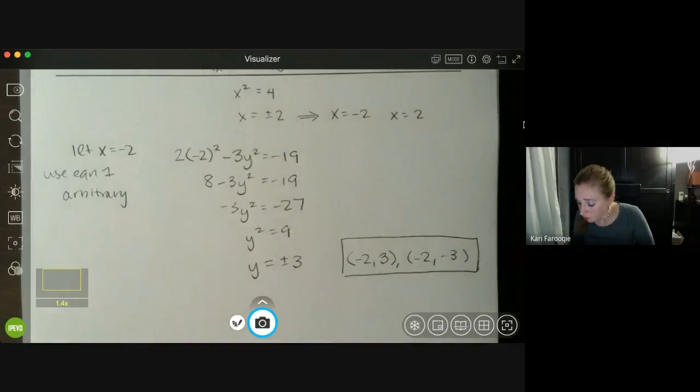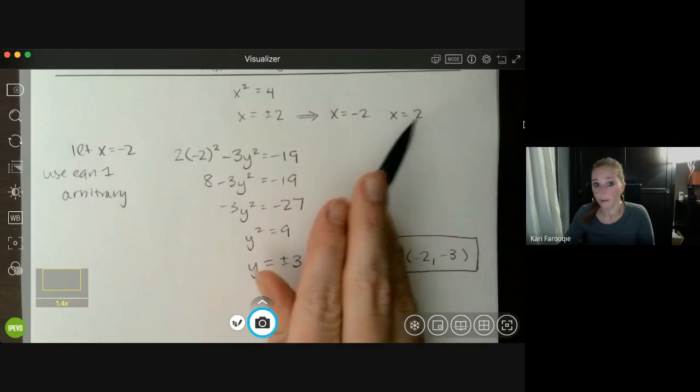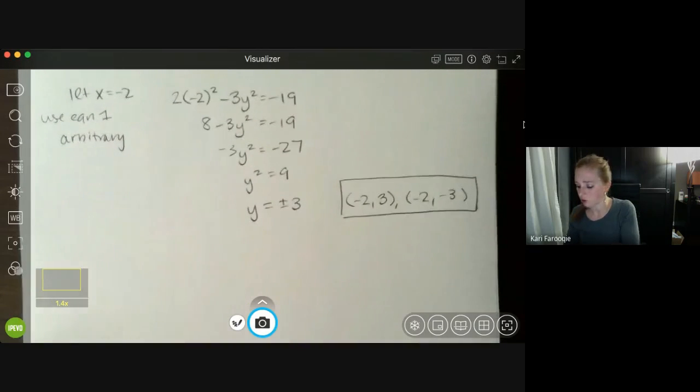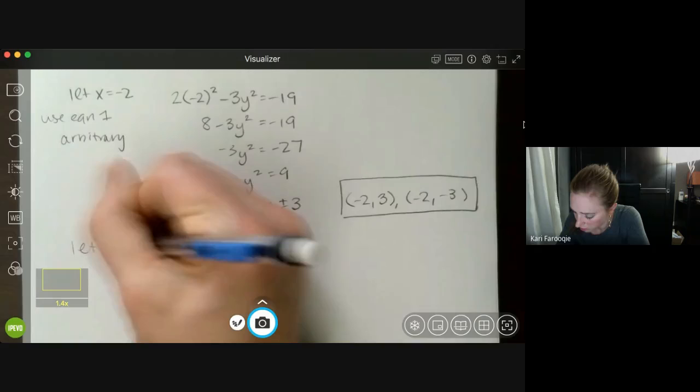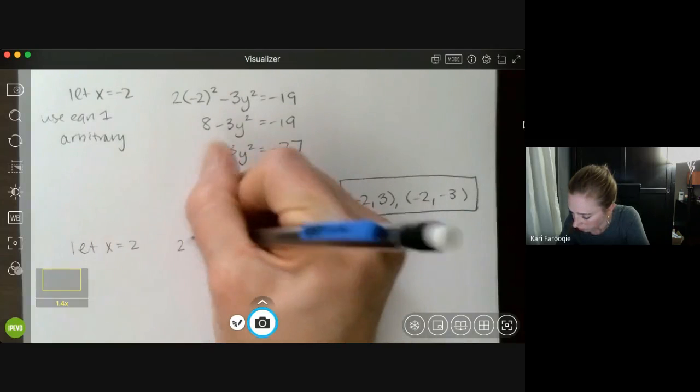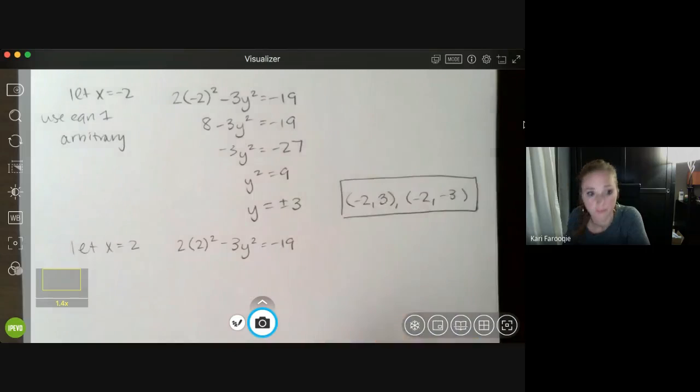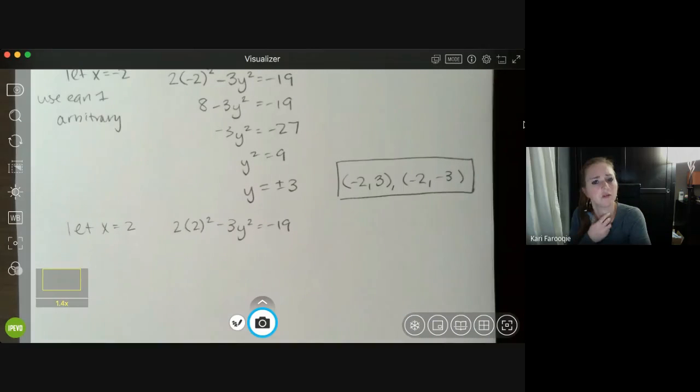We also have to look at what happens when x equals +2, this other value that we found. Now we're expecting 2 more solutions. And again, I'm just going to, for consistency, use equation 1 with x equals +2. And I'm going to get something very similar.